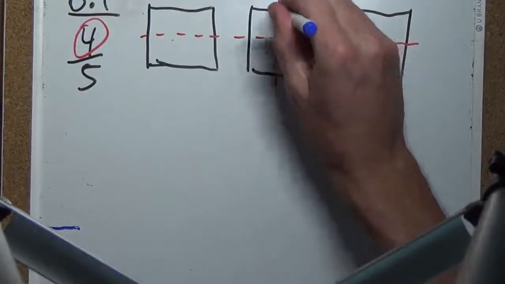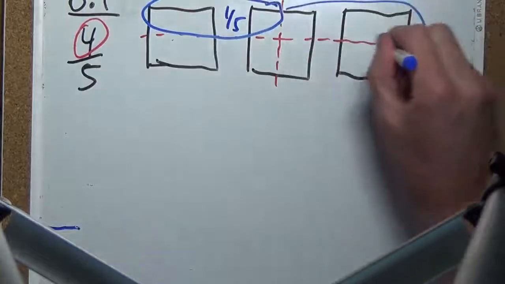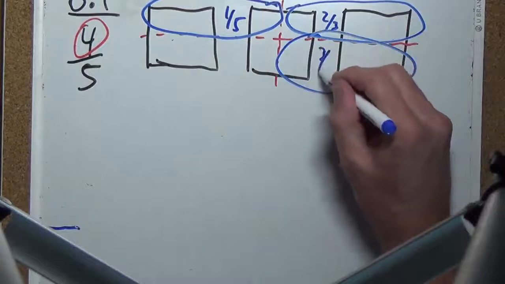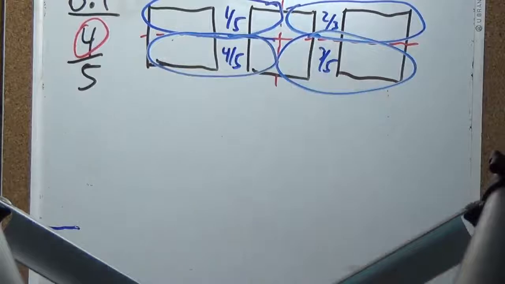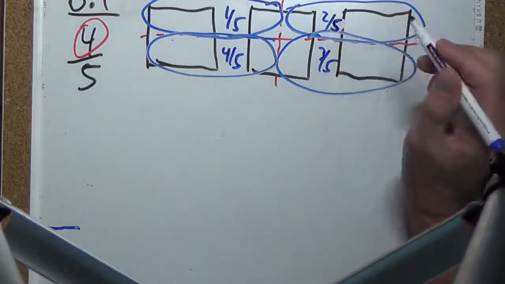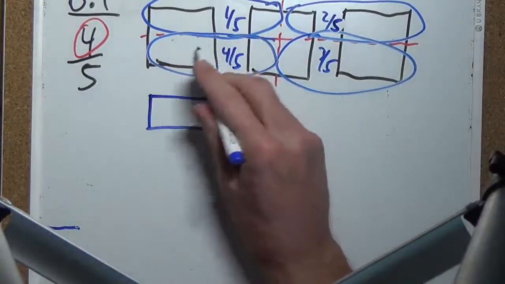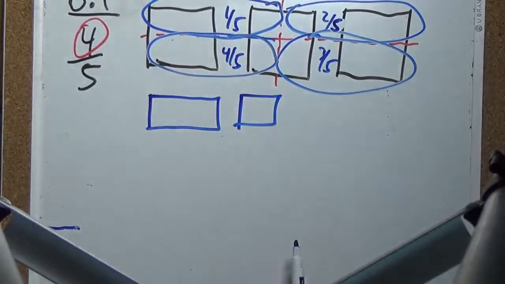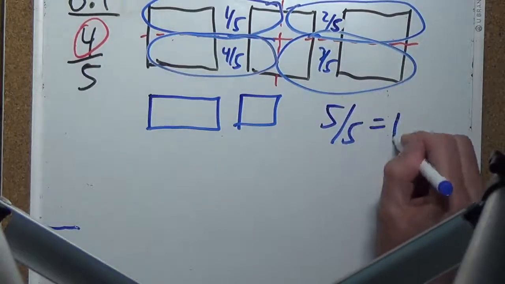So then here's 1/5. There's 2. And 3. And there's 4/5. So I need one more fifth. So I need one more of these, like the halves and the little corner, the quarter. So there's now 5/5, or the whole.